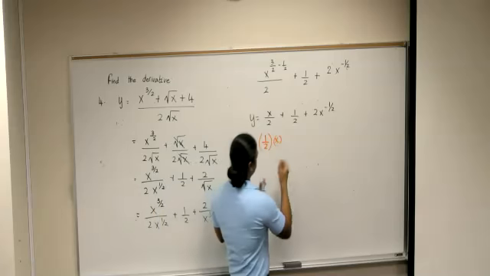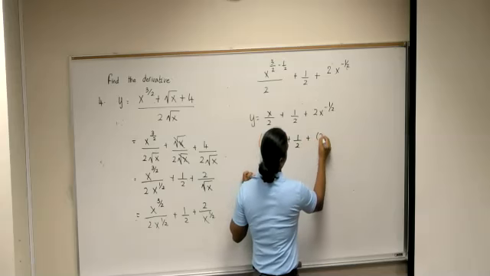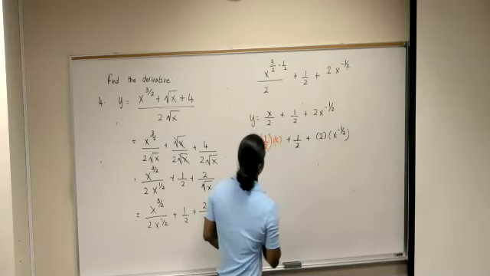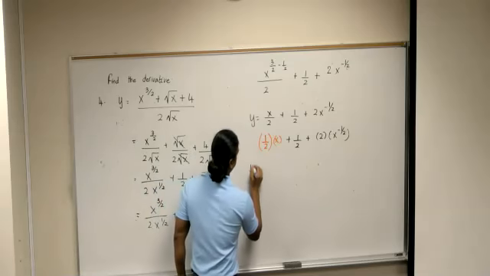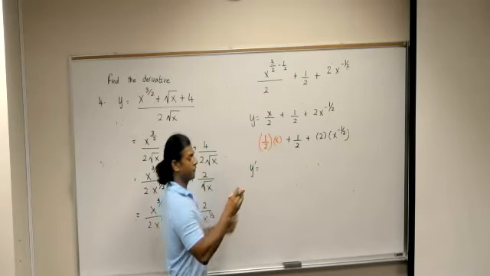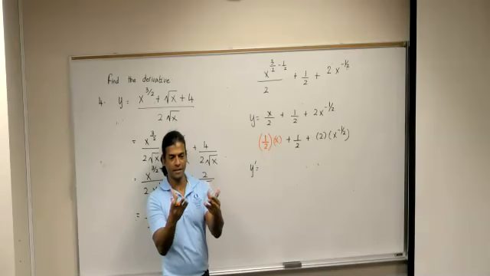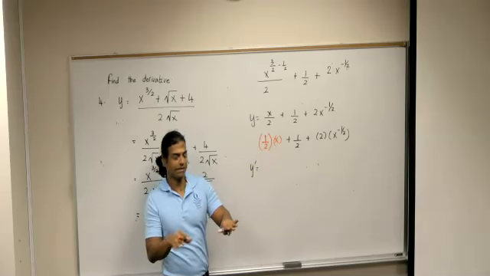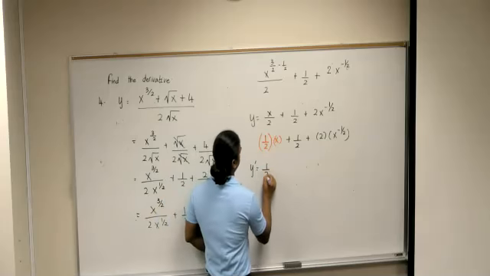So you'll have plus 1/2 plus 2 times x raised to minus 1 over 2. When you take the derivative, if you have a number multiplied to a function, that number stays as is, correct? So that 1/2 will remain as is.